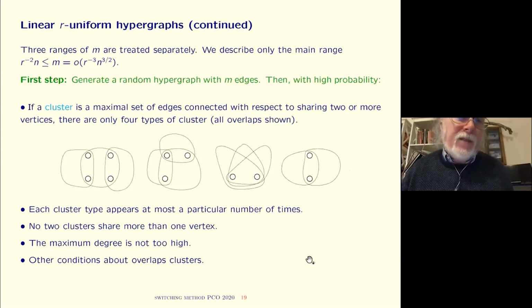I think there are 6 or 7 technical properties altogether that hold with high probability for a random hypergraph. So we now exclude all the hypergraphs that don't have these properties, and we're only excluding a small part of the space. We have to be careful because it might not be a small part of the space once you've only looked at the linear ones, which are also a small part of the space.